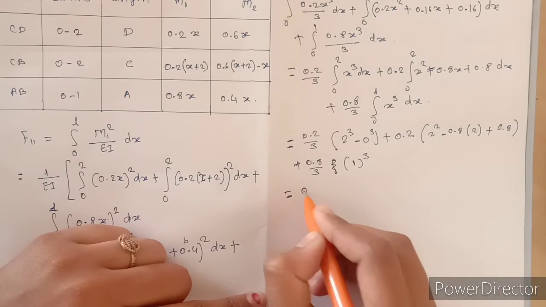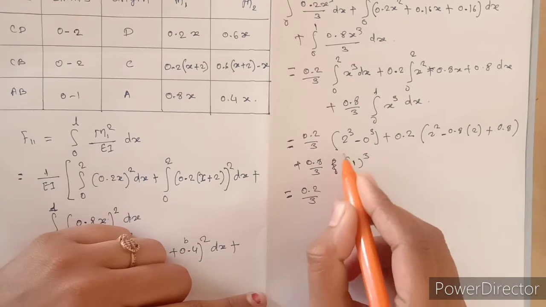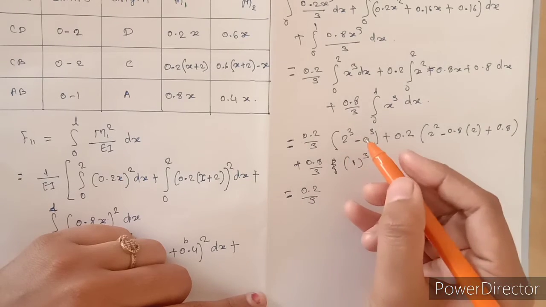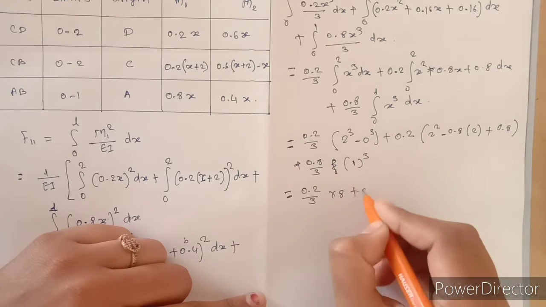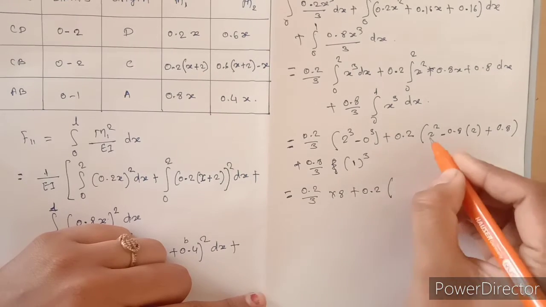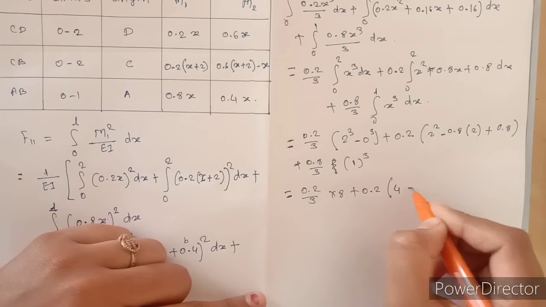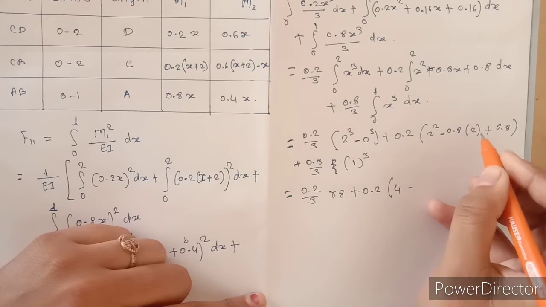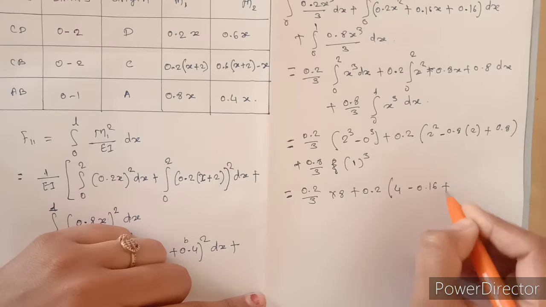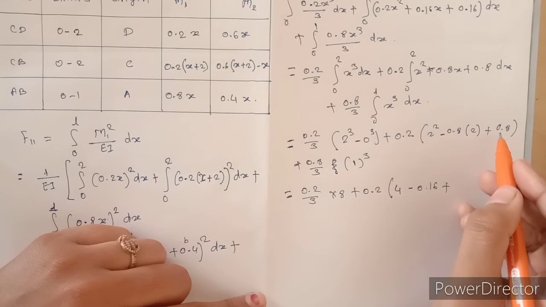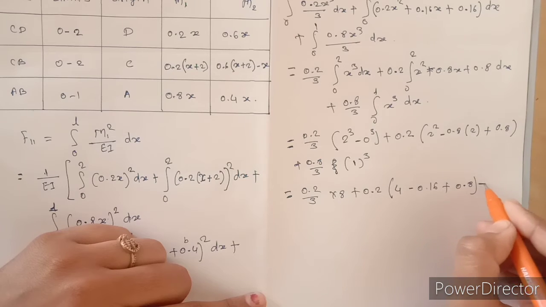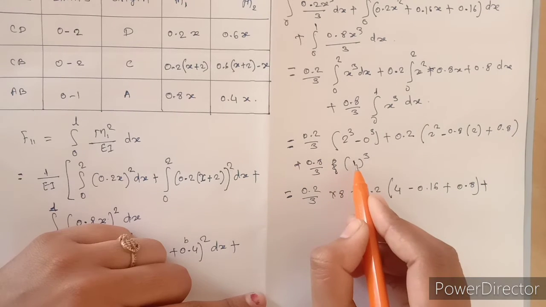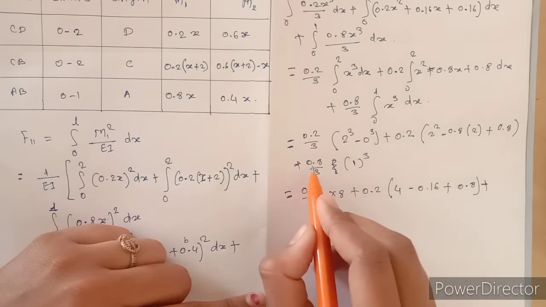Then the answer is 0.2 divided by 3. So 2 raised to 3 is nothing but 8, plus 0.2 in bracket, 2 square is nothing but 4, minus 0.8 into 2 is 0.16, plus this 0.8, and again plus 1 raised to 3 is nothing but 1.